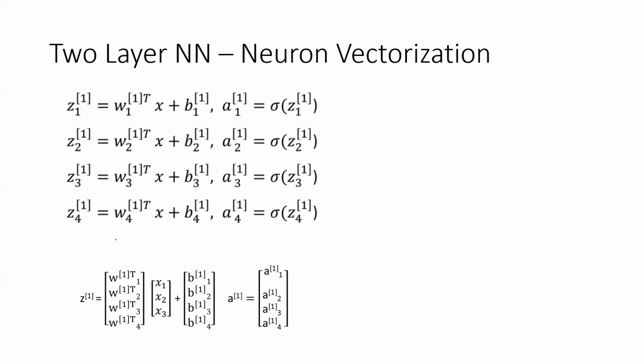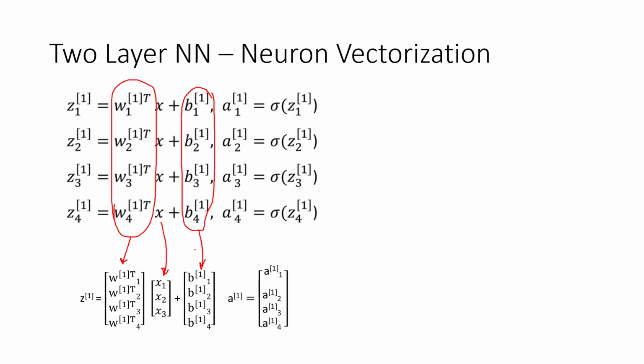So in this case, we can take the W values of all the 4 neurons as a single vector, right? And this X value is already given as a vector, so it can be represented by this vector. And all the bias values for this particular layer can be considered as a vector as well, right?